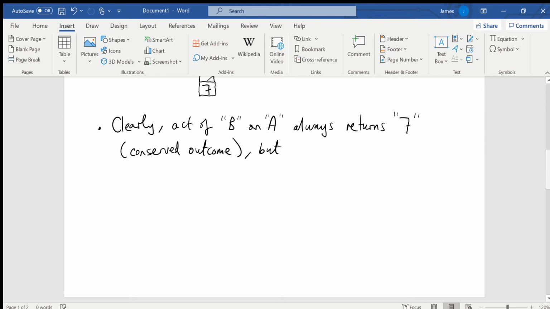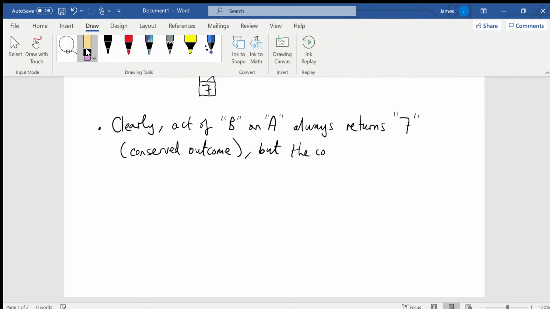But the outcomes can incorporate a difference.